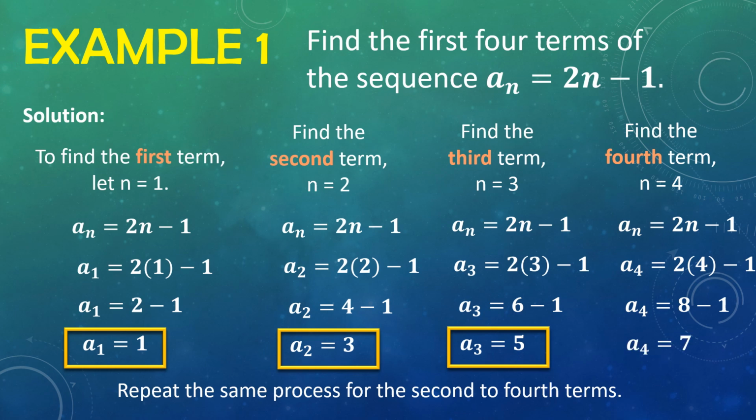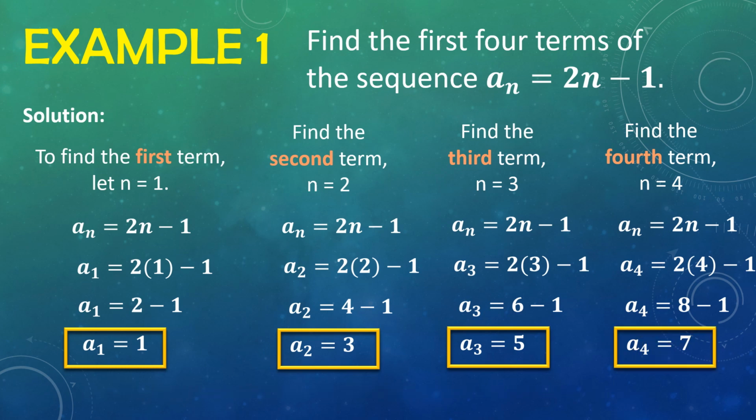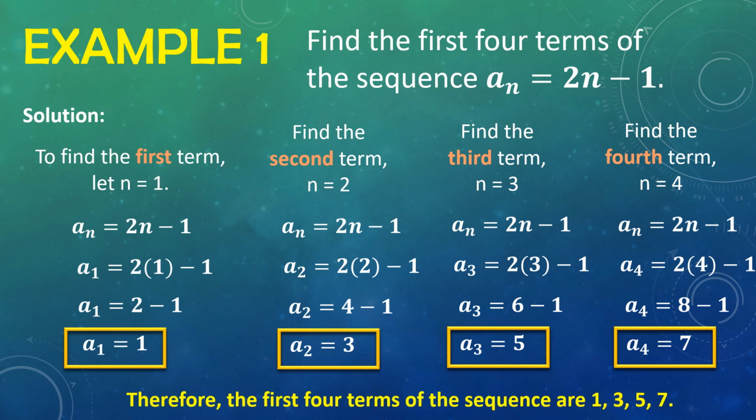So the value of our fourth term, which is a sub 4, is equal to 7. Conclusion. Therefore, the first four terms of the sequence are 1, 3, 5, 7, given the general term a sub n is equal to 2n minus 1.